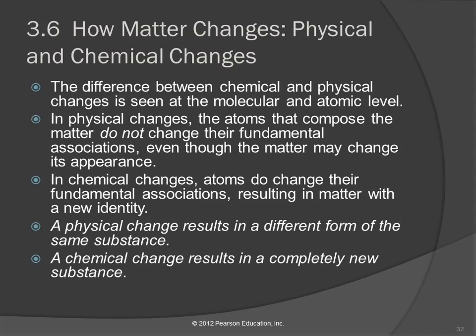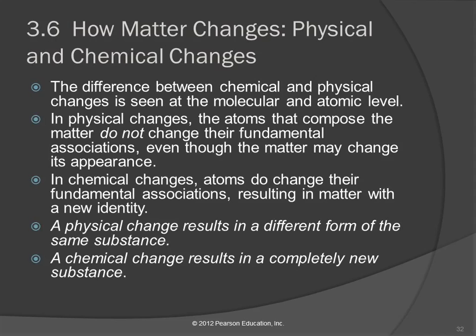So again, the difference between chemical and physical changes can really be seen at the molecular and the atomic level. And of course, we cannot actually see that with our eyes, but we can imagine what's going on and think about it. In a physical change, those individual particles do not change.